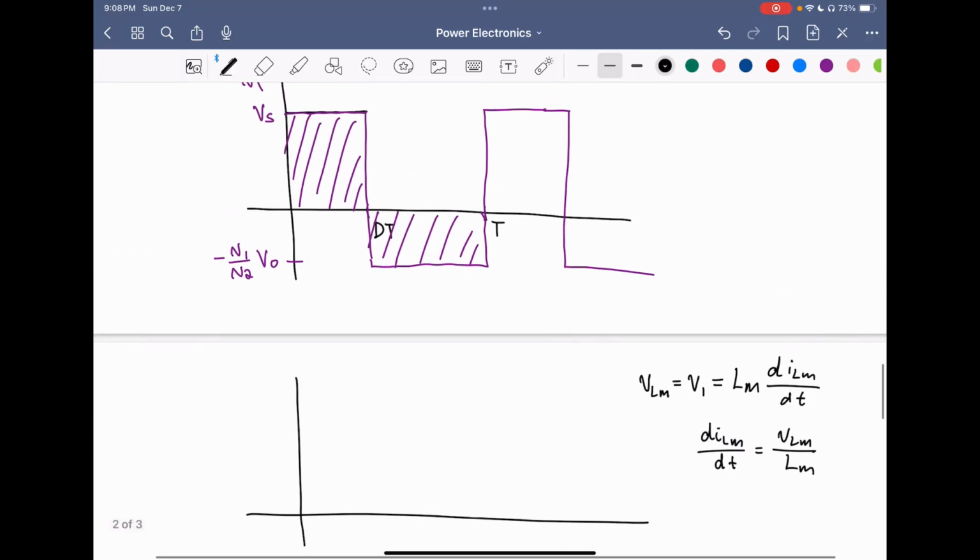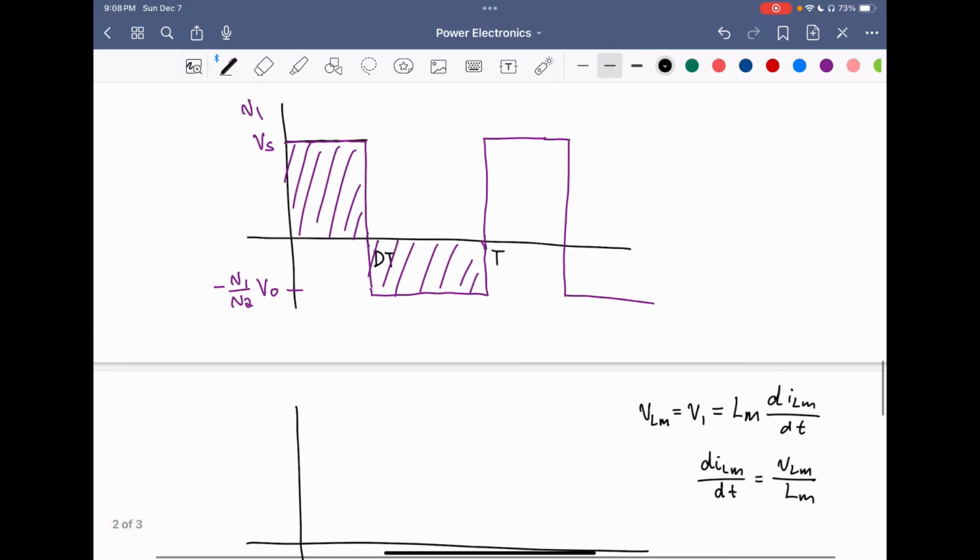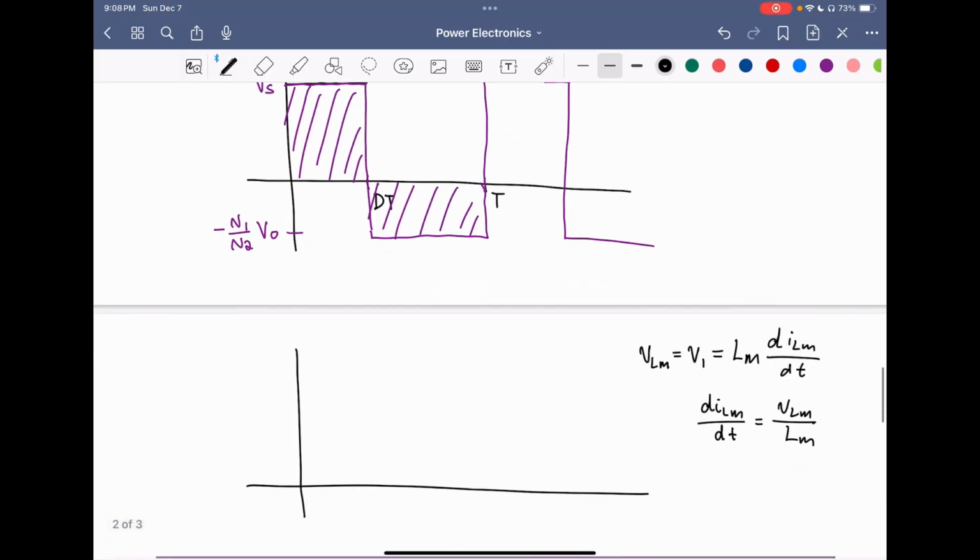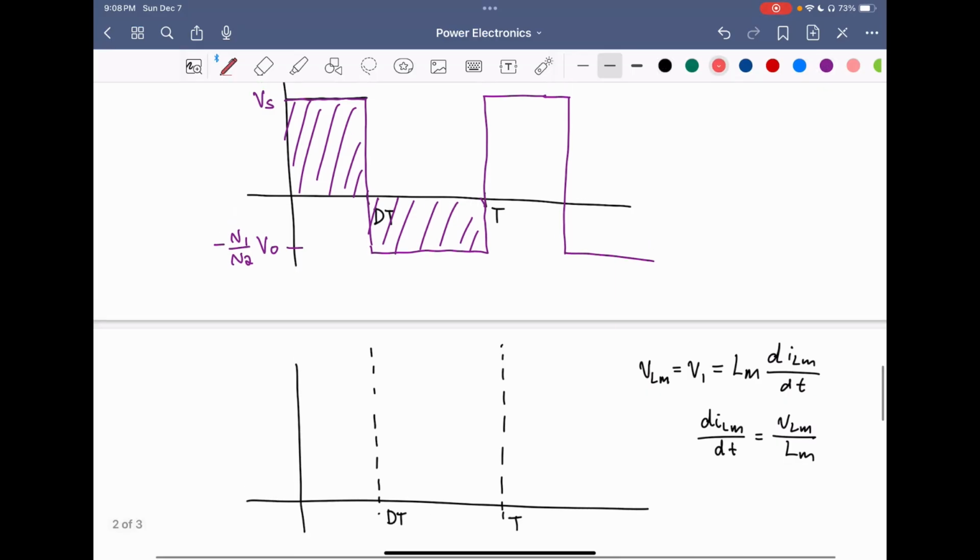So when V1 is positive, the slope of the magnetizing current is increasing. Let's call this the dt interval. So this is our magnetizing current.